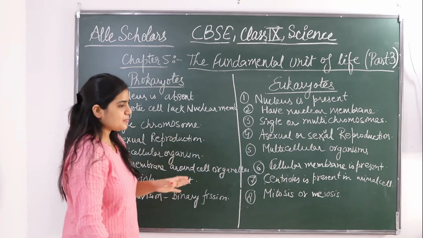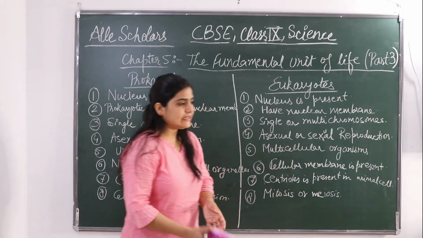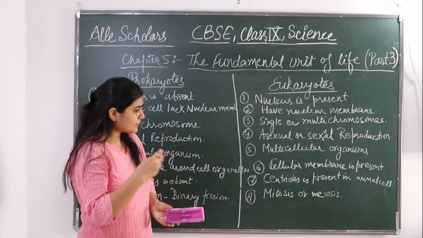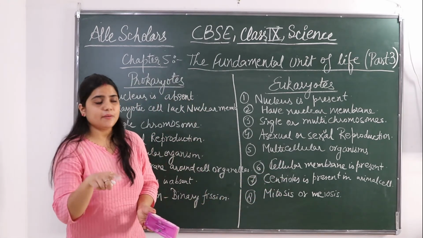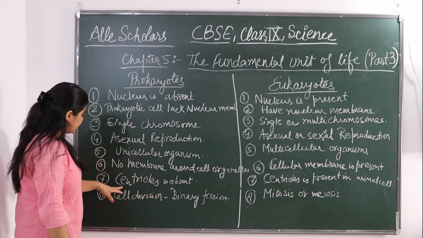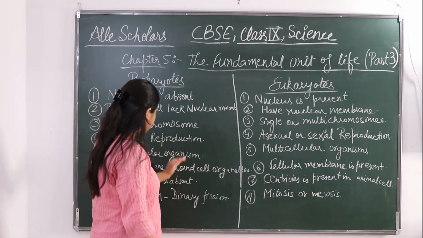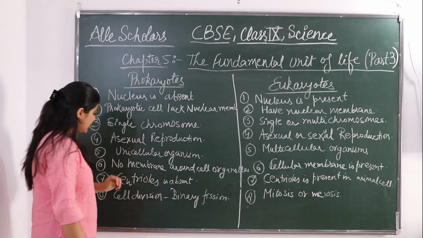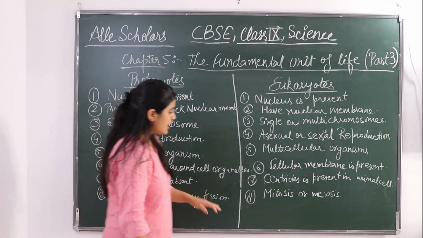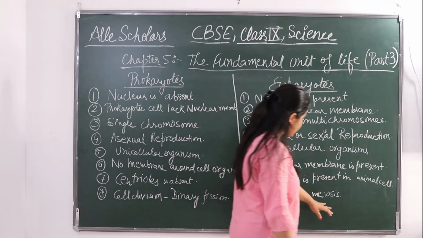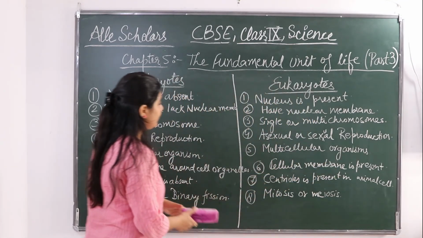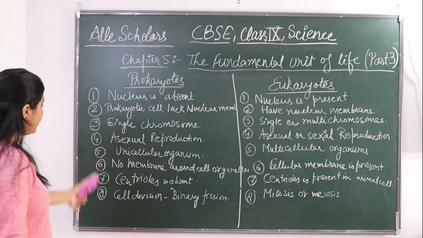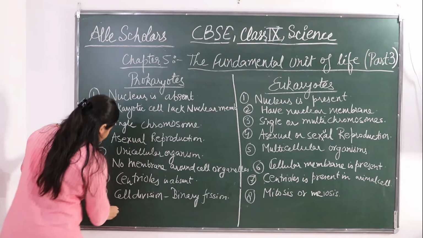Prokaryotes have no membrane around cell organelles, and the cellular membrane is present. In eukaryotes, membrane-bound organelles are there, like mitochondria, which has a membrane. Centrioles are absent in prokaryotes since there is no cell division, so there is no use of centrioles. But in eukaryotes cell division takes place, mitosis and meiosis, so the cell divides and the centriole is present. Now let's see the examples.